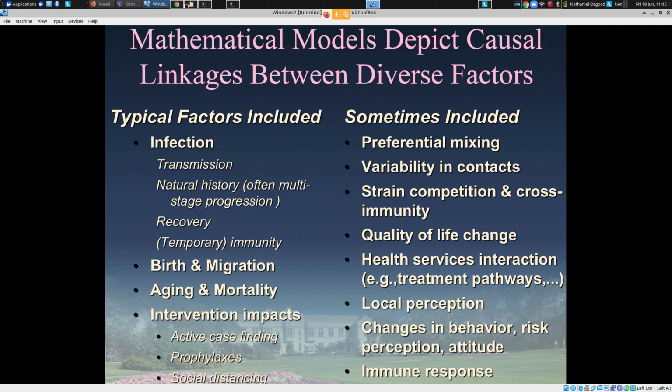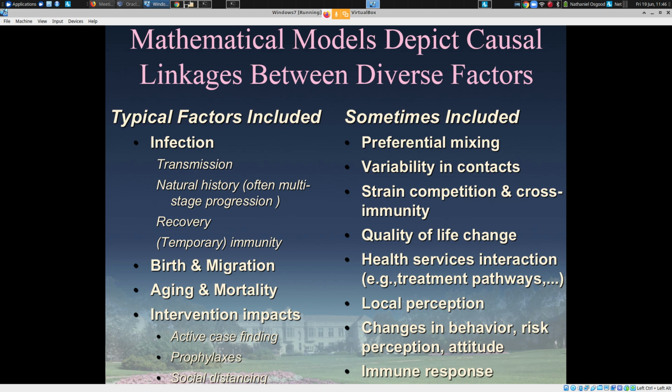Okay, so what are in these models for infectious diseases? What do we put in these models? Well, commonly for an infectious disease context or a communicable disease context, we'll include infection. We may include impacts of various interventions.